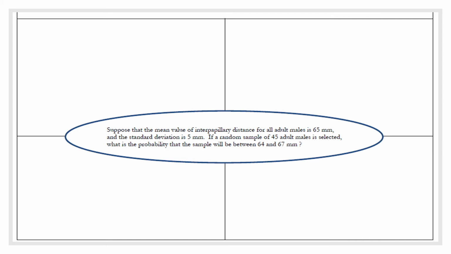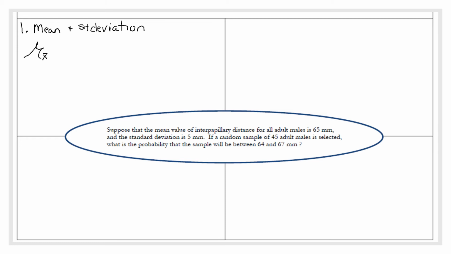Okay, so we're going to start with our little chart just to help us organize our thoughts. The first thing that we're going to do, step one, is write down the mean and standard deviation. Remember that the mean for sample means is mu with subscript x bar.